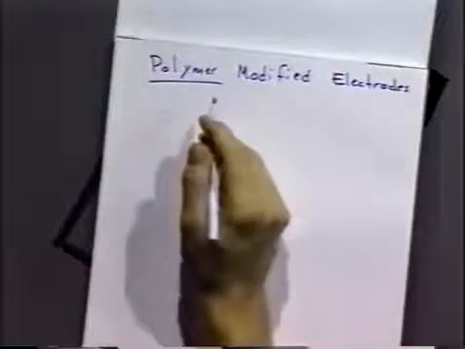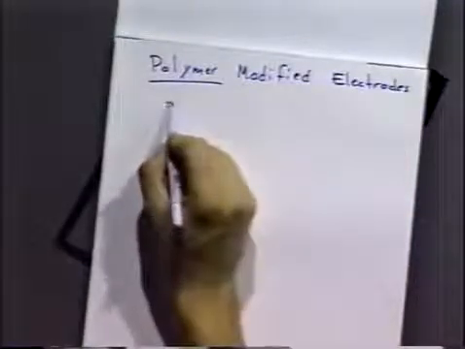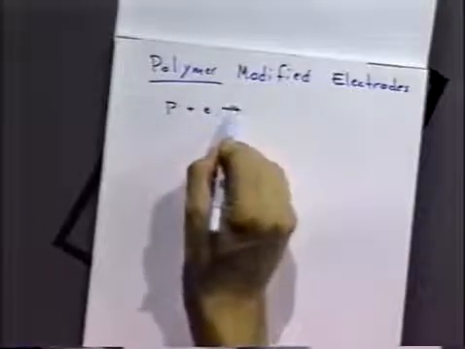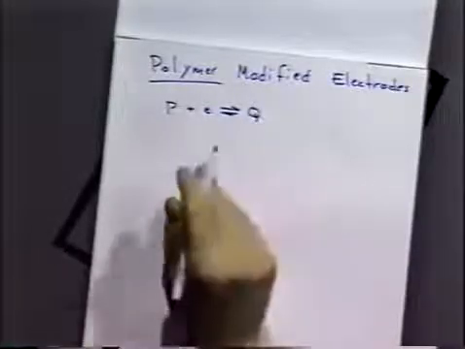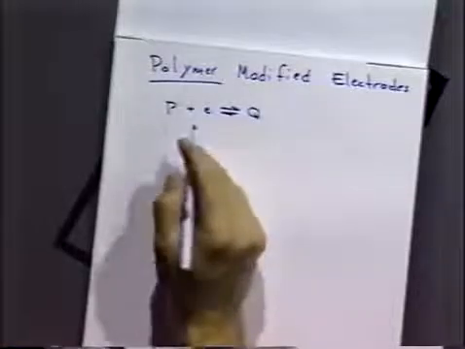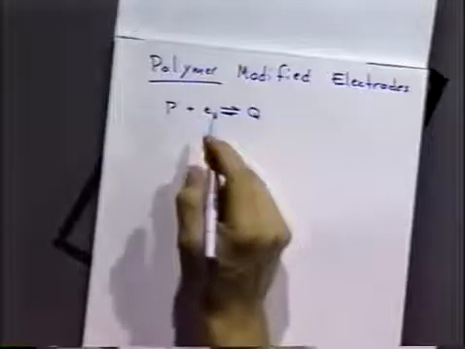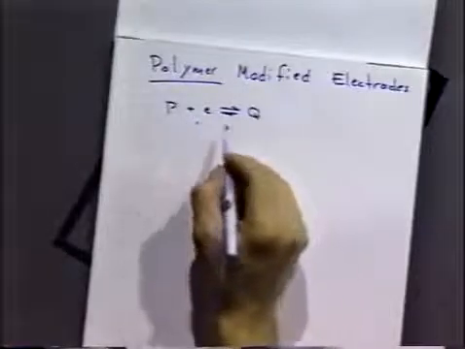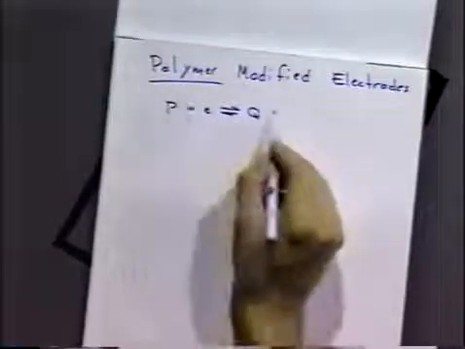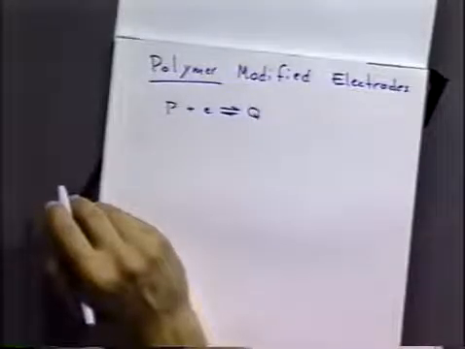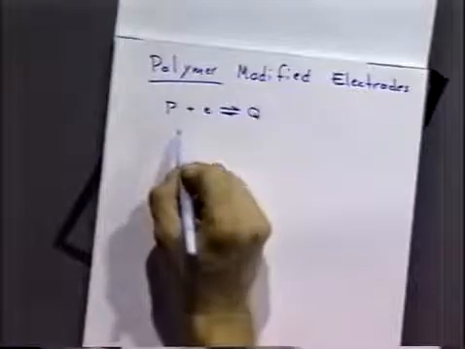So polymer modified electrodes are often used in this same way. For example, if we want to reduce molecule A to B, the idea is that we can generate a reductant in situ, Q, that will do the job for us.